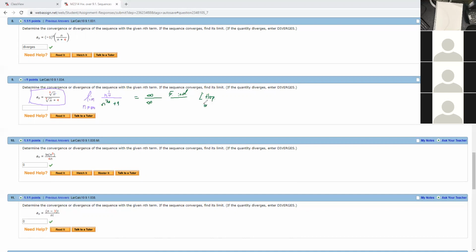Or we could divide these 3 terms by the highest exponent in the denominator, the highest exponent that's on the letter n. So if there was like a 3 here on the 4, that wouldn't count. It has to be the exponent on the variable. So either way, we can get this. Let me just show you this division one, and I'll let you try the derivative if you would want to.